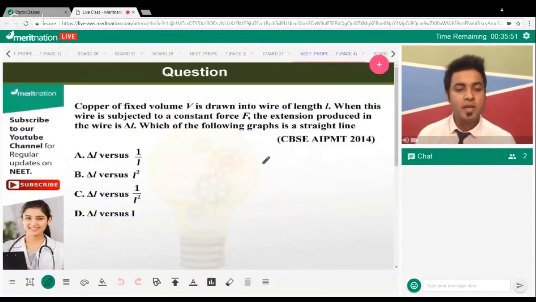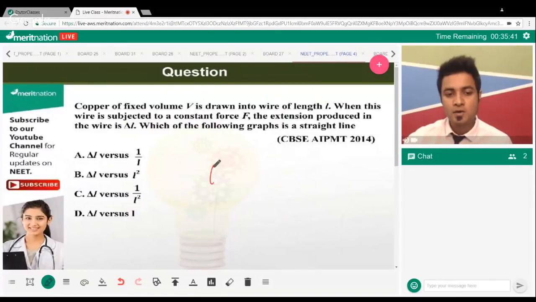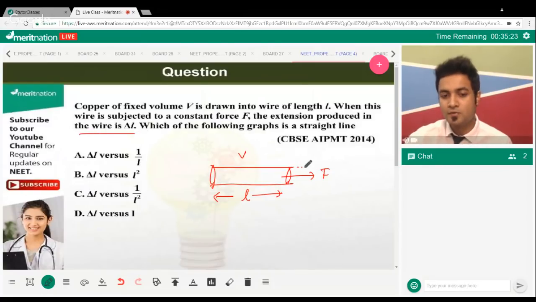Okay. So here I have another question where copper of fixed volume V is drawn into a wire of length L. When this wire is subjected to a constant force, what I'm doing is I have a wire here which has a constant volume V, and it has a length L. I'm applying a constant force F to it, and the extension produced in the wire is delta L. Which of the following graphs is a straight line?